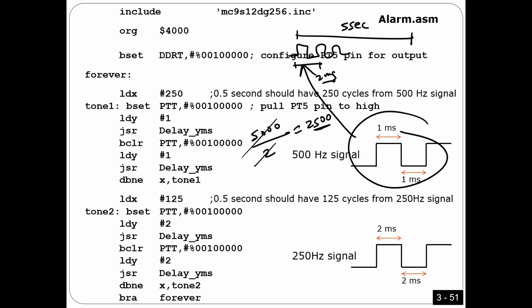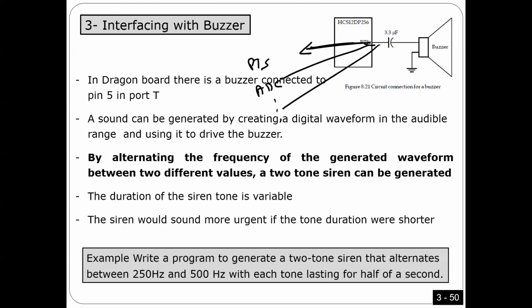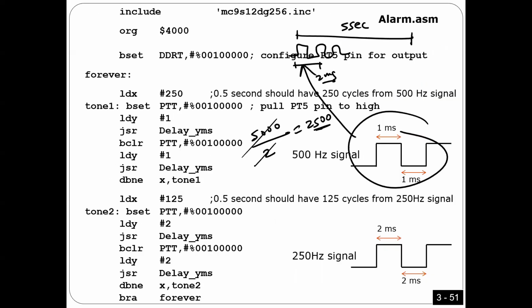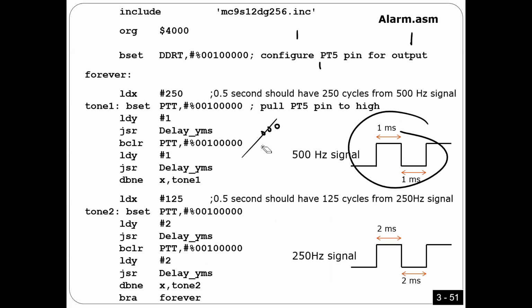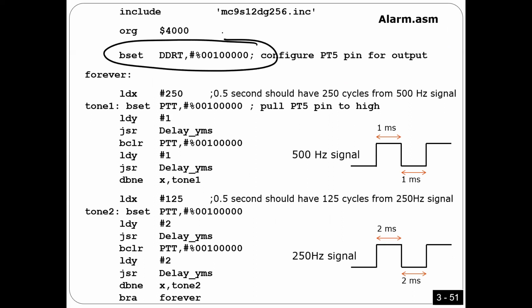Anyway, now I'm going to explain how I can do the same thing using C language. Any questions before I go to C language? Okay. In C language, I'm going to do exactly the same thing, but I'm going to use the notation and instructions of C. I'm also going to use a for loop.